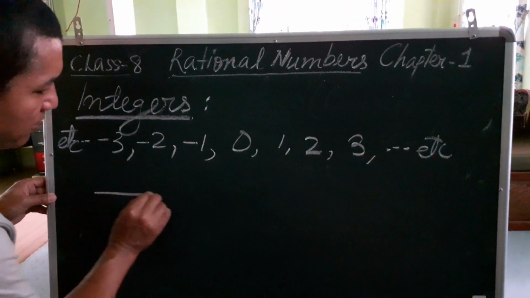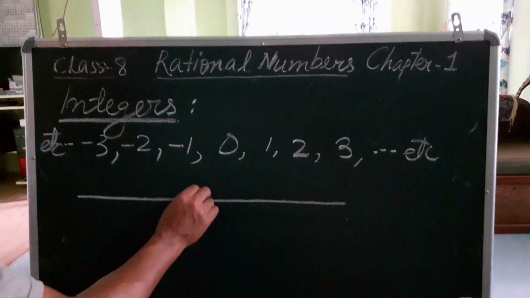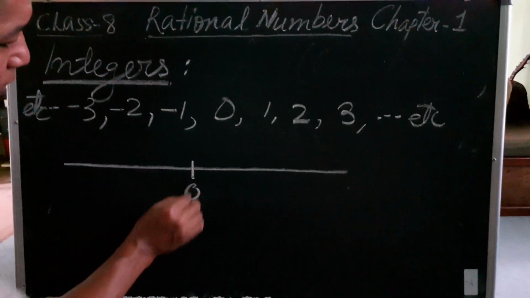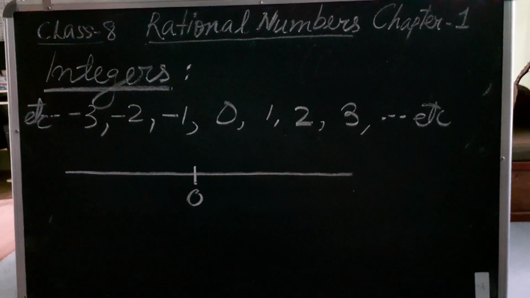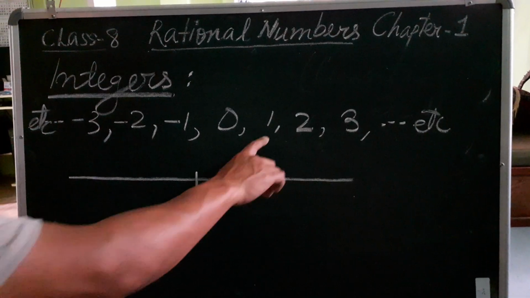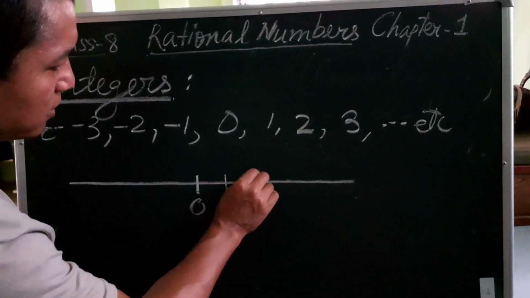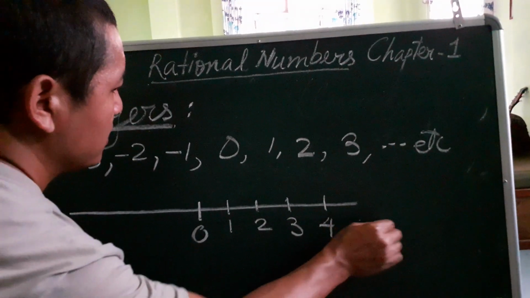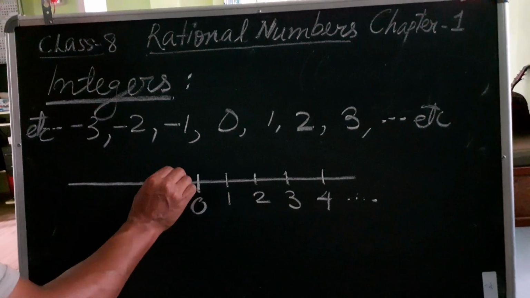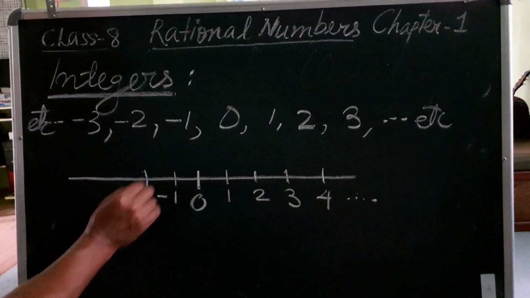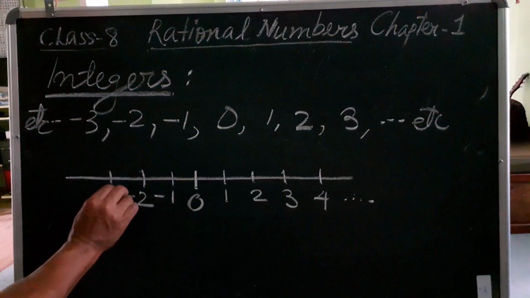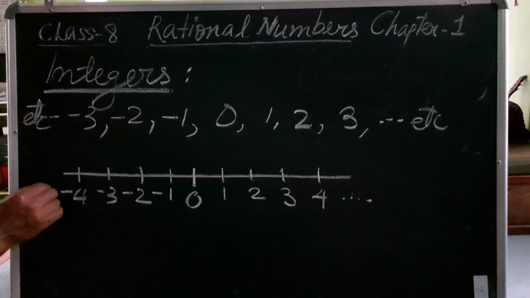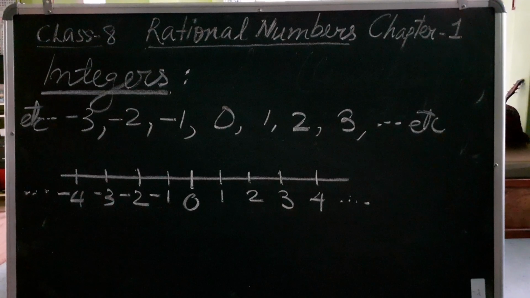Integers can be represented using a number line. You can draw a line and at the midpoint, you mark it as 0. Then to the right of 0, you keep the natural numbers 1, 2, 3, 4, etc. And to the left of 0, you keep minus 1, minus 2, minus 3, minus 4, etc. So this is a number line.